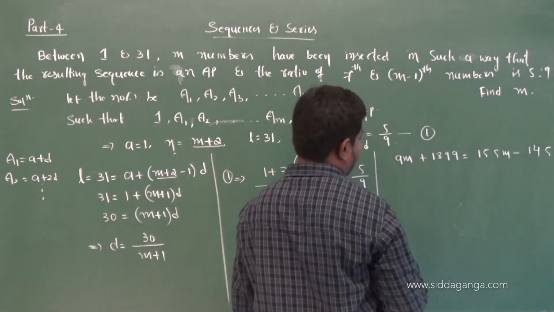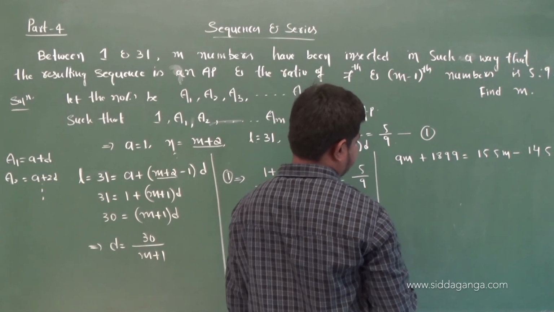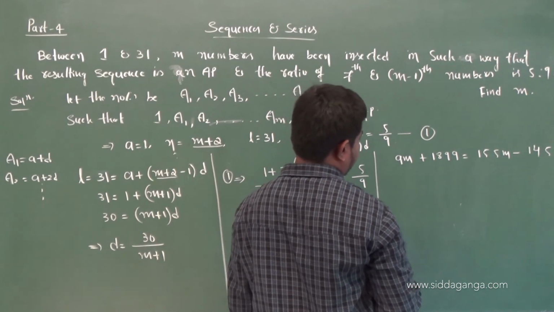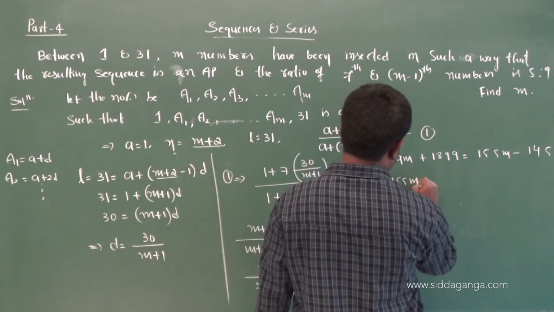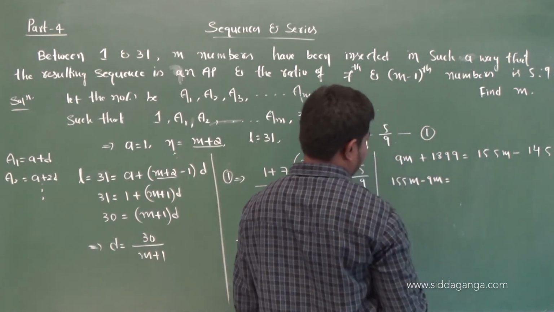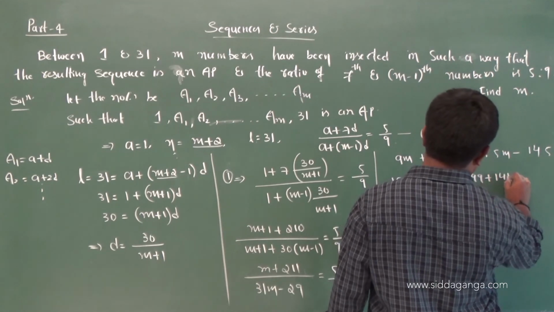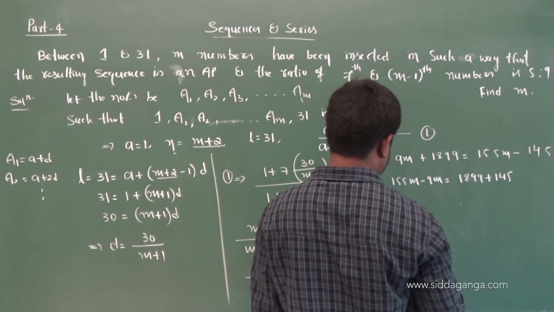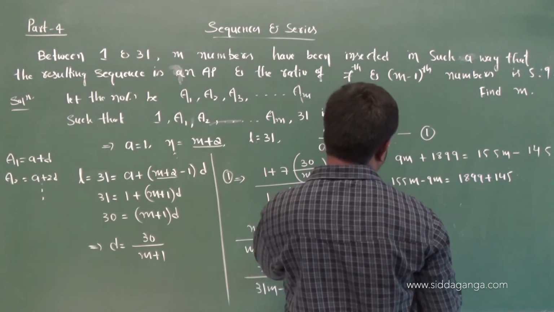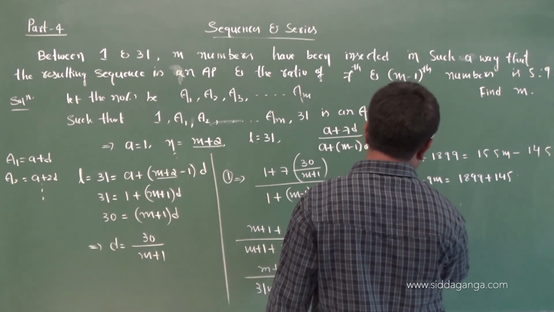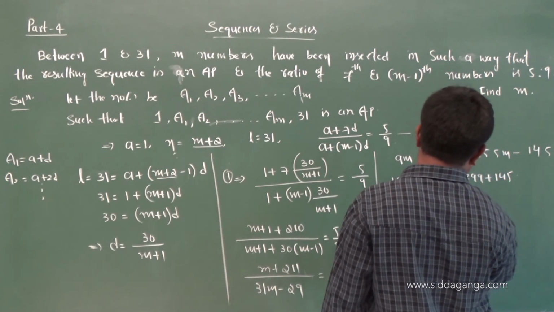So 155m minus 9m is equal to 1899 plus 145, so 146m is equal to 2044, right?